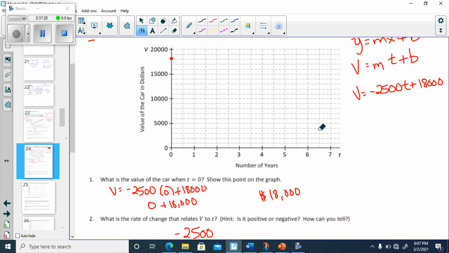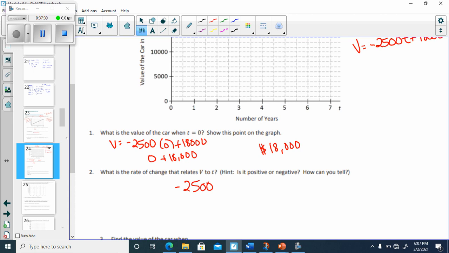So we're talking about this going down $2,500 per year. Is that positive or negative? It's negative. How can you tell? Because the value decreases, right? And if it decreases, that means that your slope is negative.